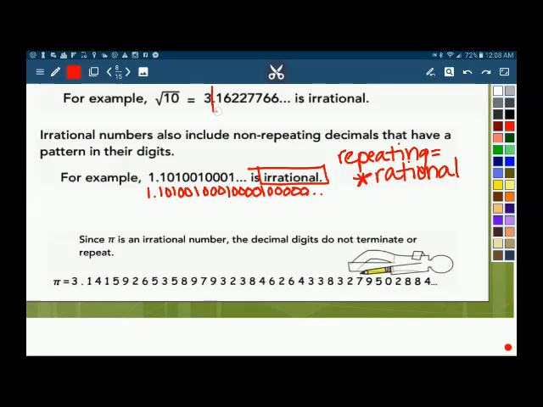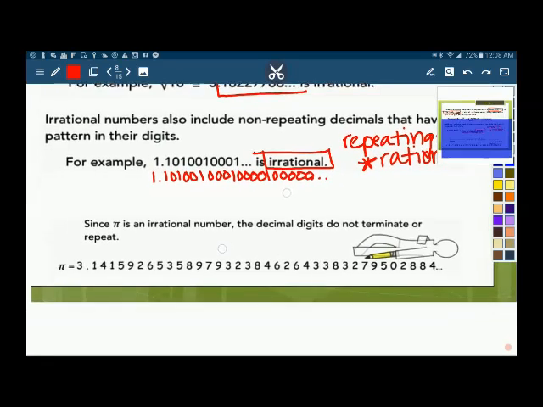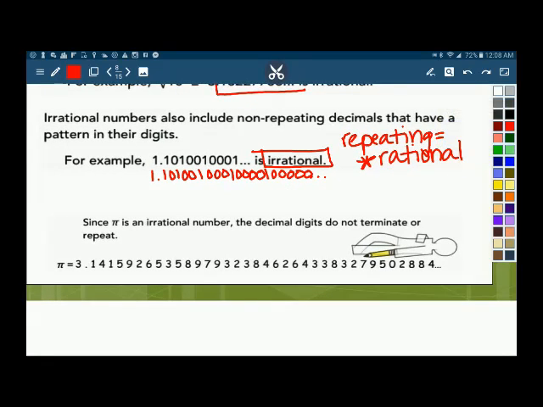So anything that doesn't repeat goes on forever, or you see like a cool pattern, but it's not a repeating pattern, that's going to be an irrational number. Numbers like pi, that we use in formulas for area of a circle, that is derived by taking the square root of a specific non-perfect digit, which results in an infinite amount of numbers.